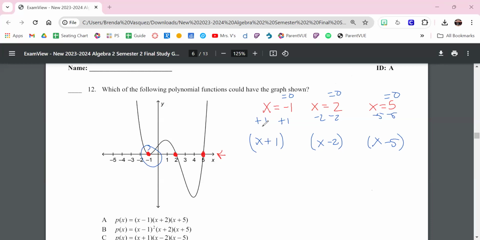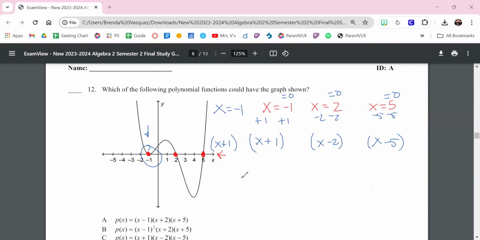So instead of having only one, we're going to have another one of those. Instead of x equals -1, we're going to have x plus 1, repeating once, repeating twice. The other zeros intersect, meaning that it goes through; it doesn't touch and then bounce back. Any bouncing means that it repeats.